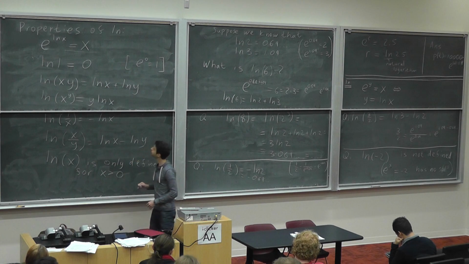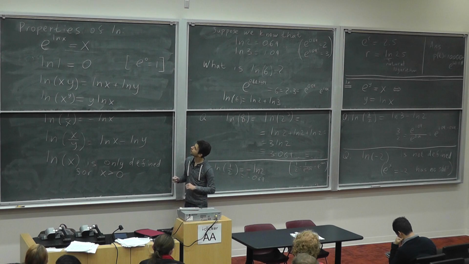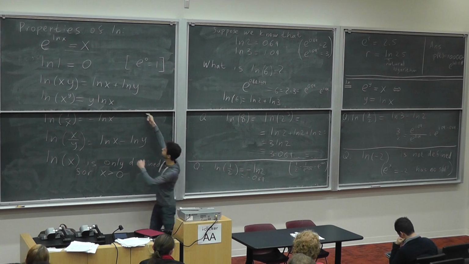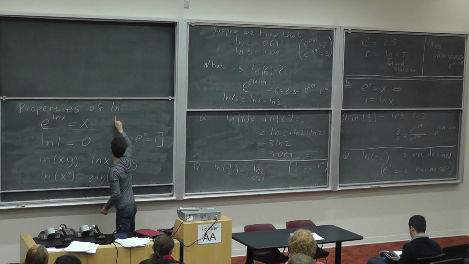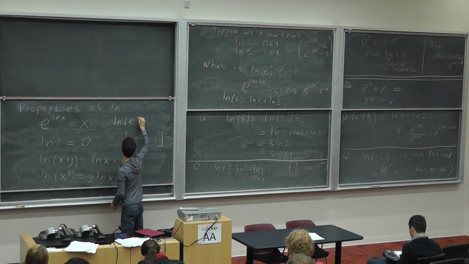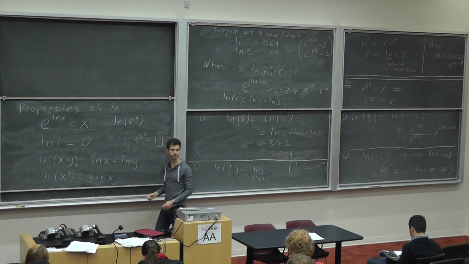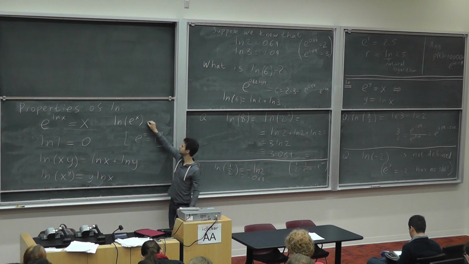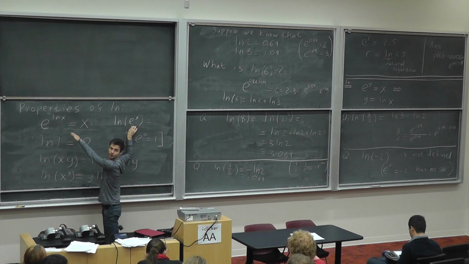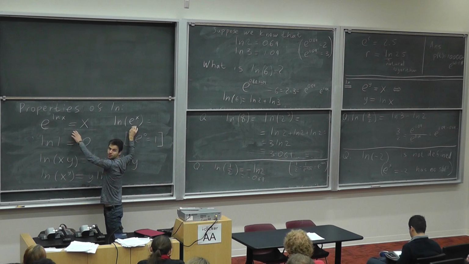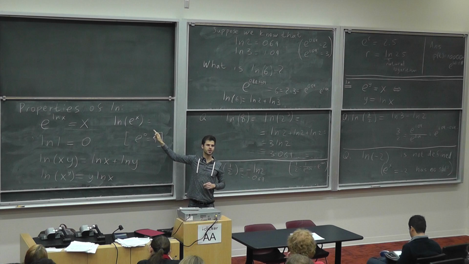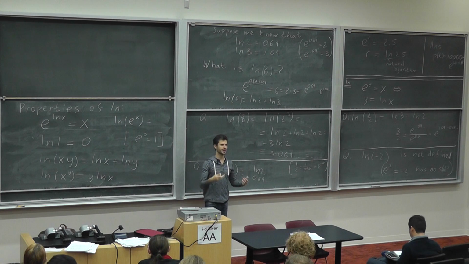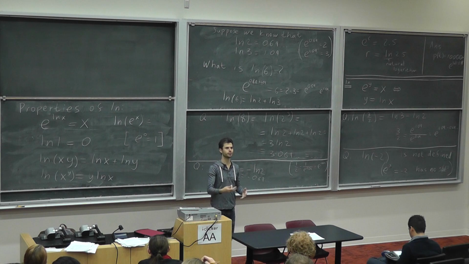Oh, maybe one additional property. What is log of e to the power x? I put it here because it's almost as simple as this property. So it's the number to which I should raise e to get e to the power x.